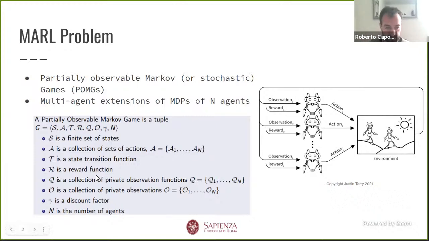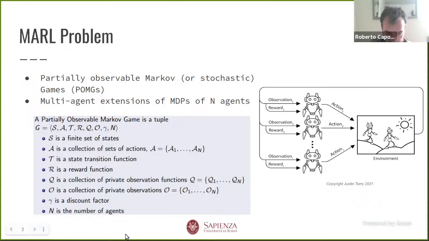There is the usual state transition function, the reward function. And then, in addition to that, we have the observation function, which is something that maps the state to an observation. And each of these observation functions is private, is individual to each agent.